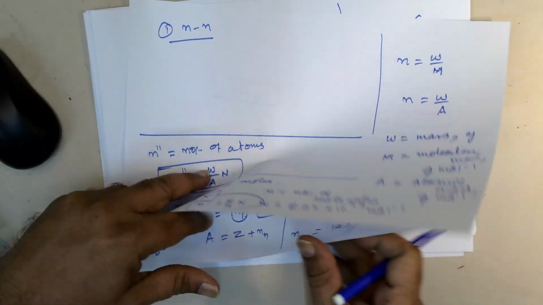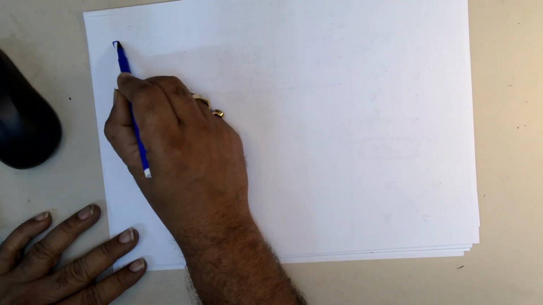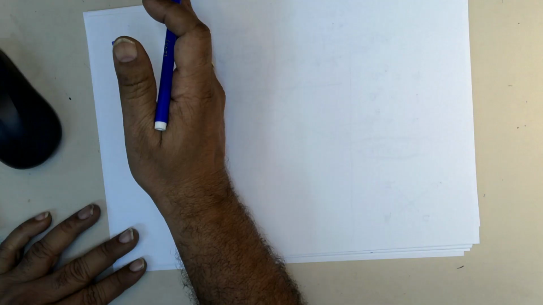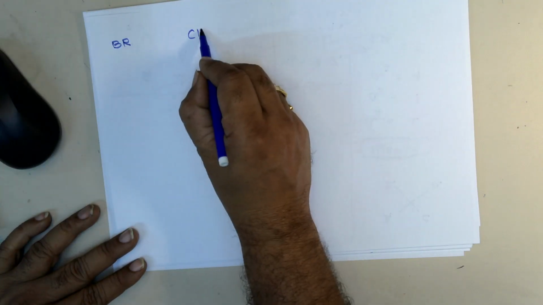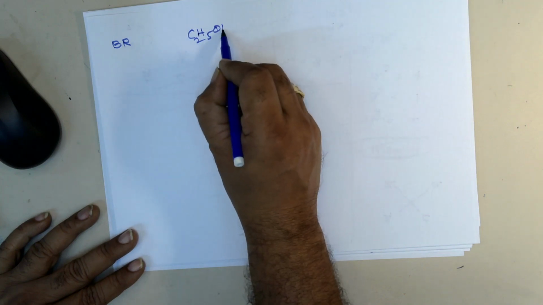See, first we have to write down the balanced reaction. That is step one. So you can leave some space here so that you can start writing from here. So CH3, CH2, OH. That is nothing but C2H5OH, ethanol.